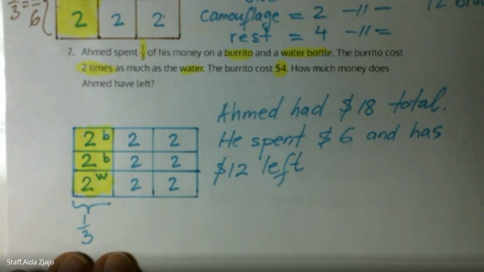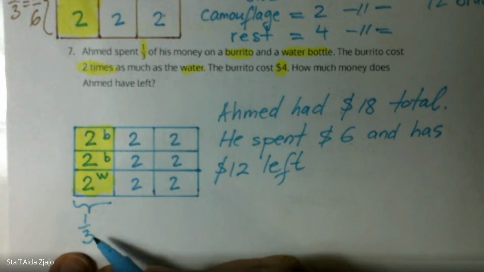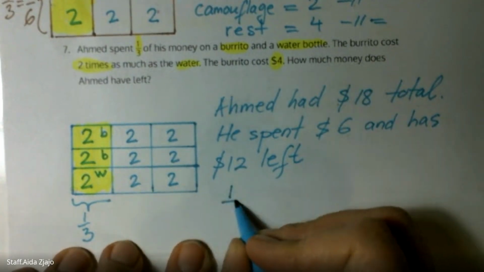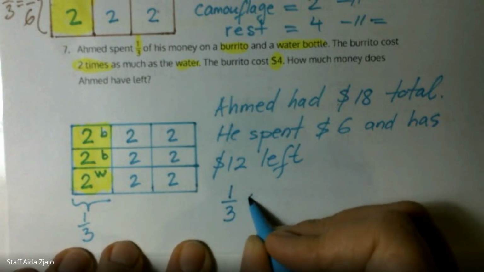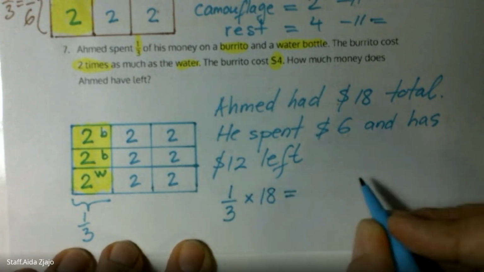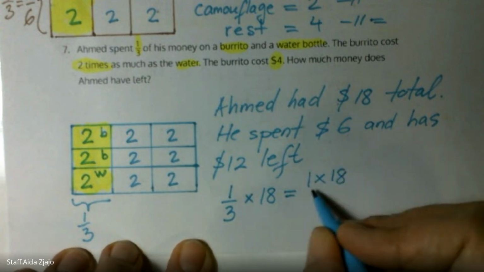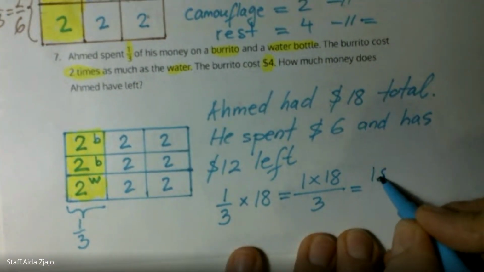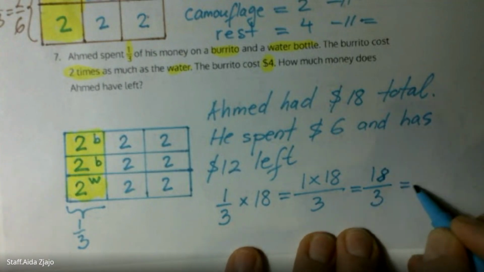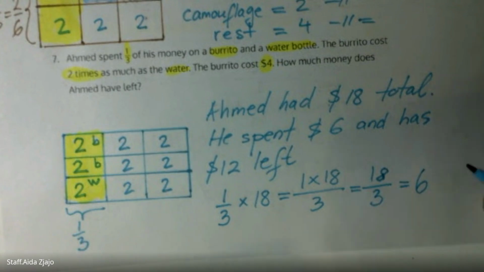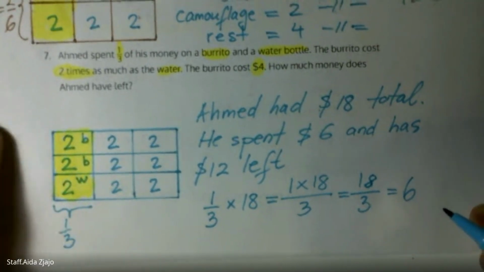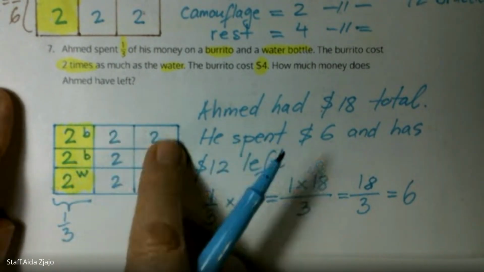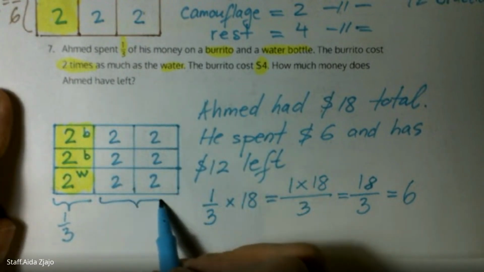We can check what 1/3 of 18 would be. 1 times 18 divided by 3, and 18 divided into 3 equals 6, and that is $6. So he spent $6 and he had $12 left.